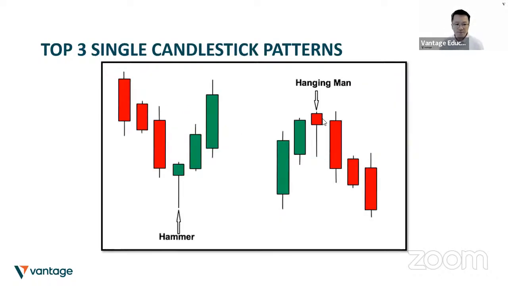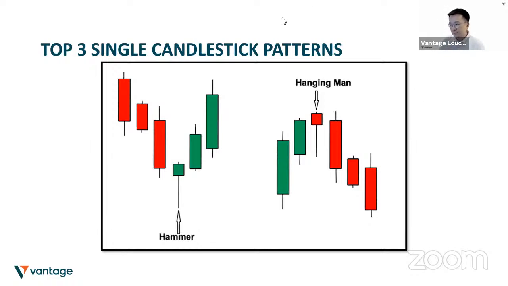But bear in mind, it's not just the price action. As I was describing with you on the previous few examples that we were looking at before, you shouldn't just look at price action alone, right? Why?